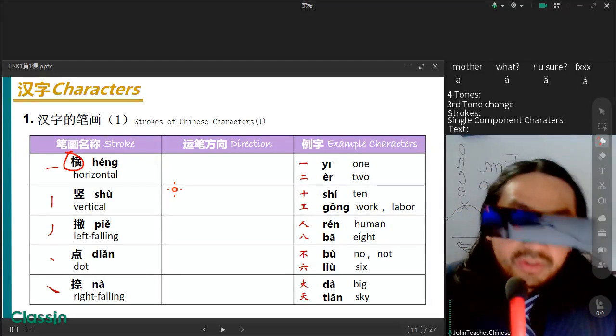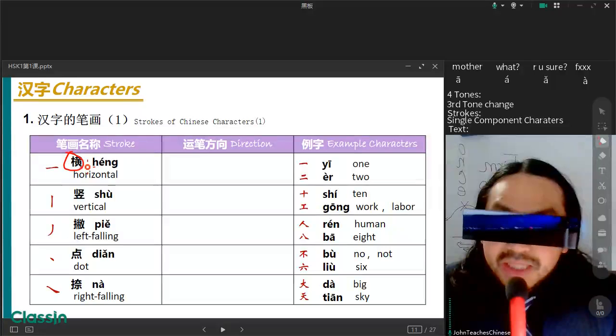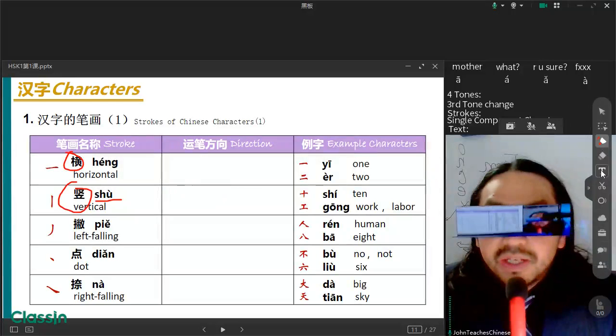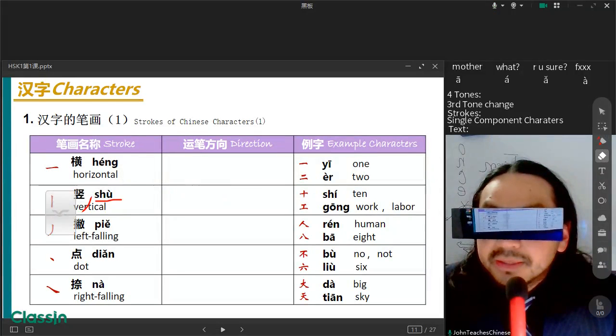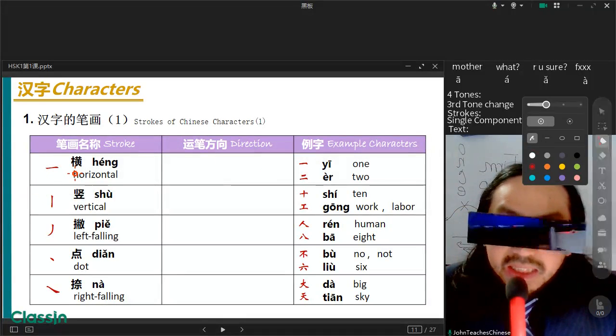So for you foreigners, you have also to read it, which means when you see the characters, you not only know how to read it, but also know the meanings. For example, this character here is 横.